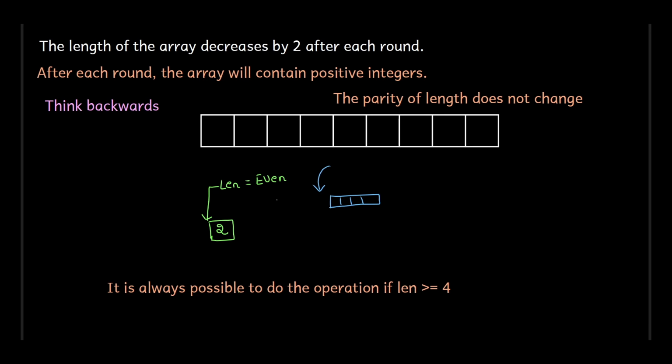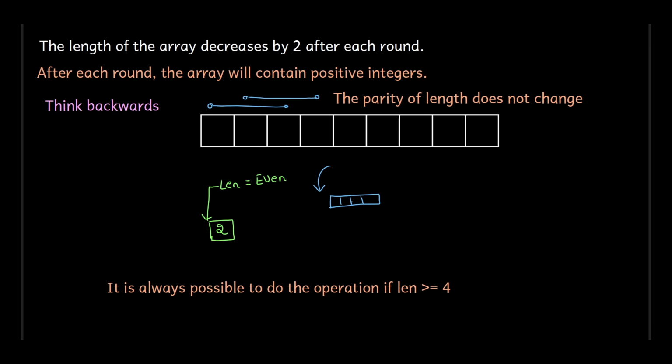And how can you do that? Every time you reduce it by 2 by doing any valid operation, and you know that any valid operation will exist in this 2 window only. One of these 2 windows will always be a valid operation and you should be able to do it.